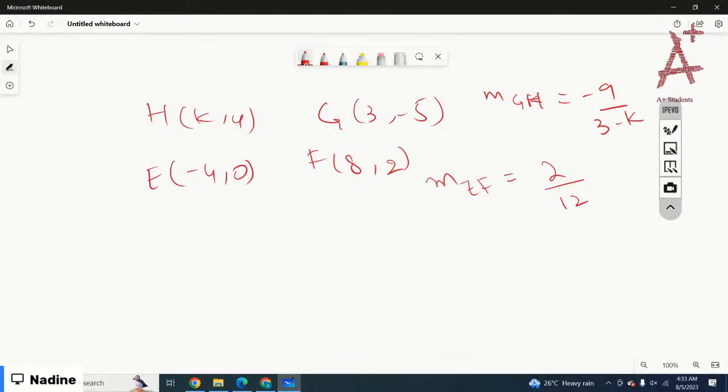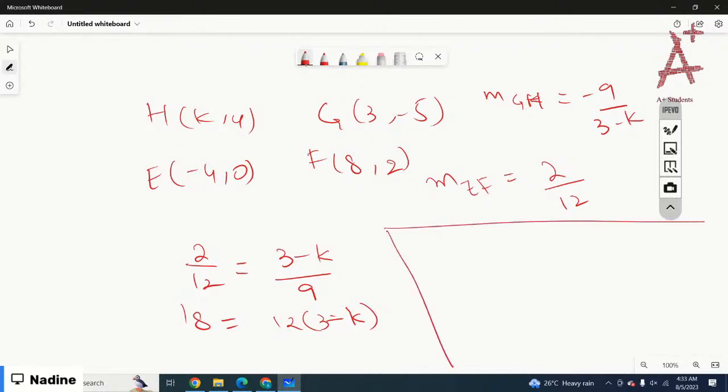So if they are perpendicular, their slope must be negative reciprocal. So it would be 2 over 12 equals 3 minus K over 9. 9 times 2 is 18, and 12 times 3 minus K. So it is 18 equals 36 minus 12K. Move 36 to the other side, 18 minus 36 equals negative 12K.